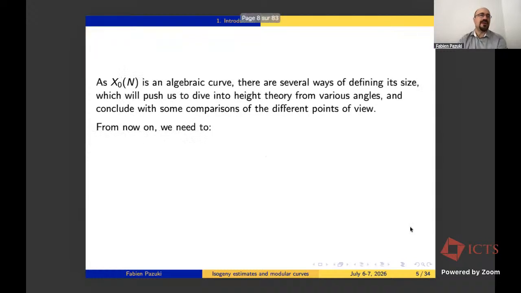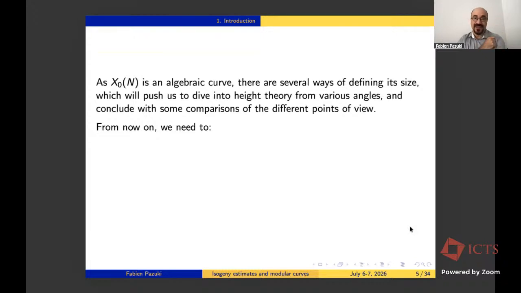X_0(N) is actually an algebraic curve. As an algebraic curve, there are very many ways to define its size. That will push us to define several of these ways, which will be an excuse to give you a little bit of height theory. So basically, we're interested in that specific moduli space. It is an algebraic curve.